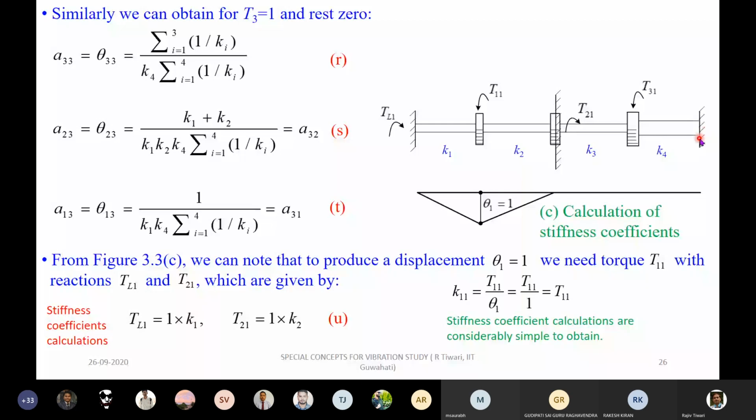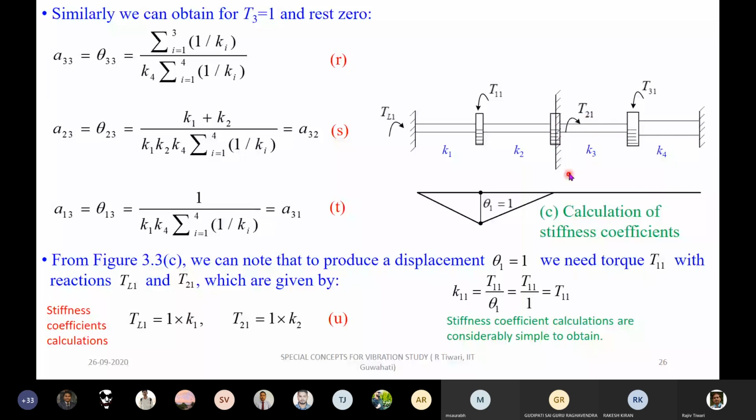Now one reaction is TL1 here, and whatever the torque at disk 2 we are seeing, T21, that will also be a reaction, because once we are fixing the second disk, it will come as a reaction at the disk location.